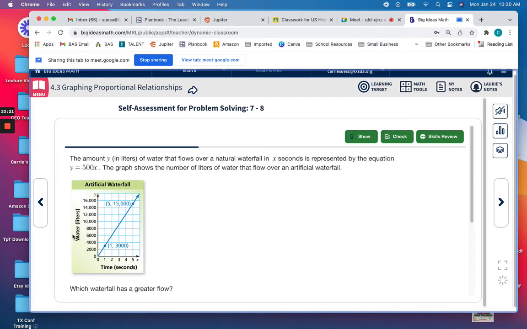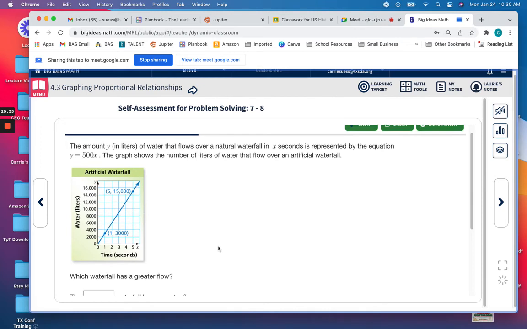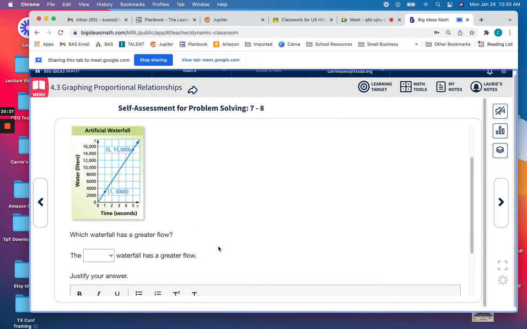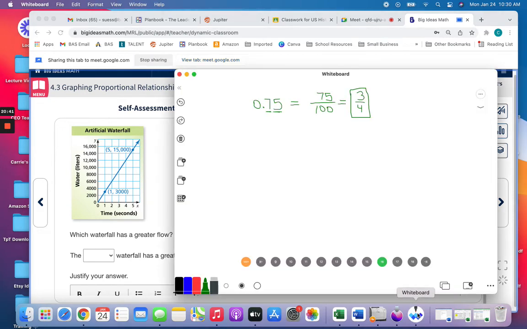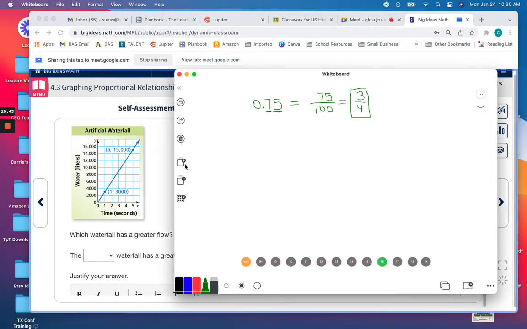Greater means how much more water. So we want a bigger number for our y value, or for our slope. So the real waterfall is 500. We need to figure out what is our slope for the artificial waterfall. The easiest way to do that, since these are kind of big numbers, is to use our equation.